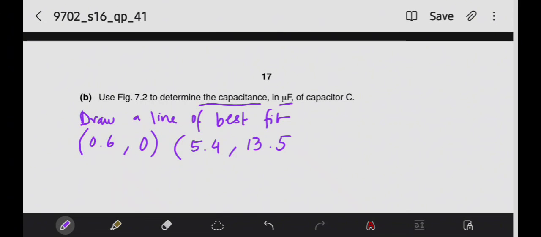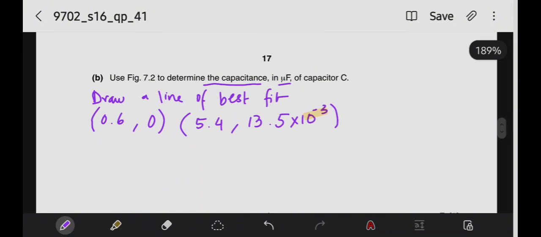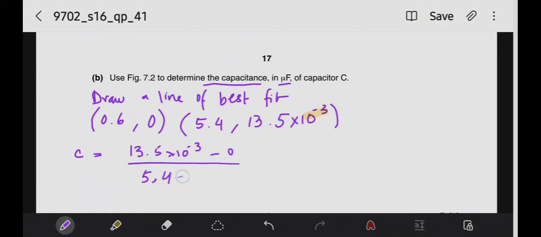13.5 × 10 to the power minus 3. Make sure you're not forgetting this 10 to the power minus 3. So now capacitance would be y2 minus y1 over x2 minus x1, and we get 0.002815.